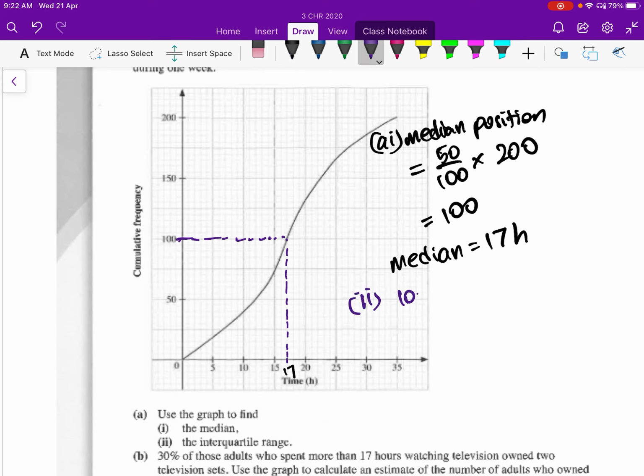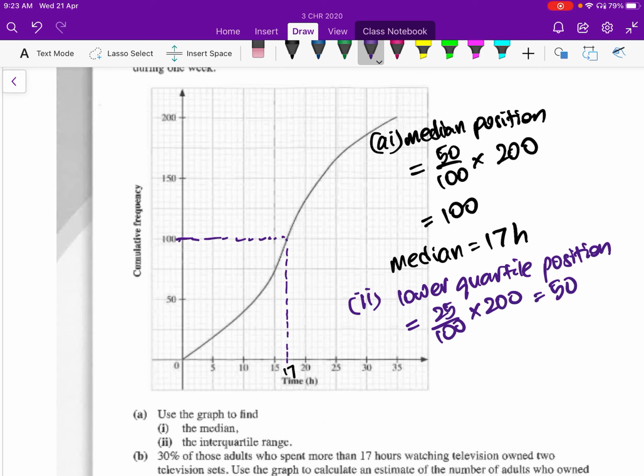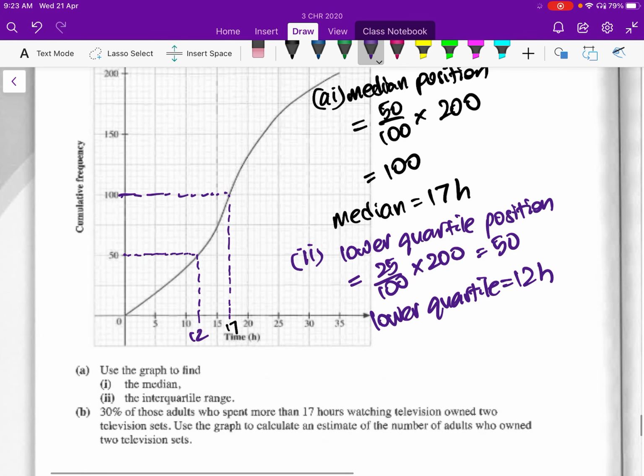Let's find the lower quartile position first. So that will be 25 over 100, which is 1 over 4 times 200. We get 50. Okay, so the lower quartile position is over here. Is that 12? So the lower quartile equals 12 hours. And we need the upper quartile position.